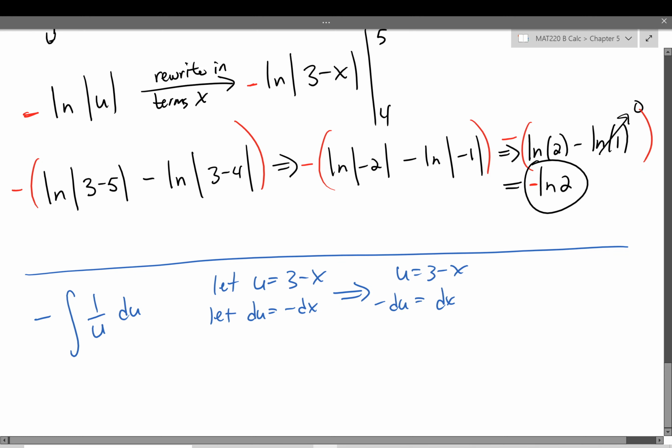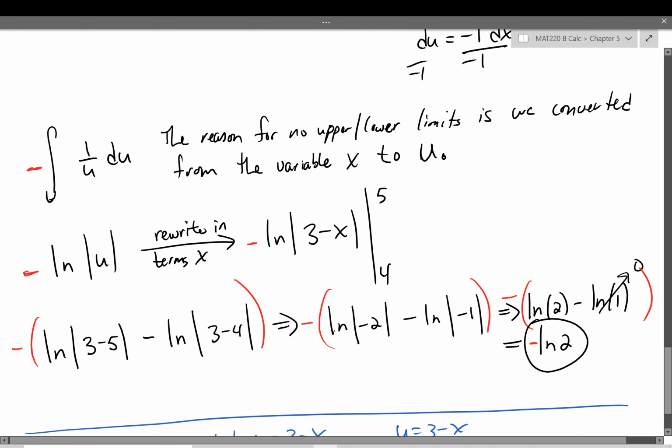Now, the last thing we spoke about up here was the fact that I did not include the upper and lower limits because we converted from the variable x to the variable u.